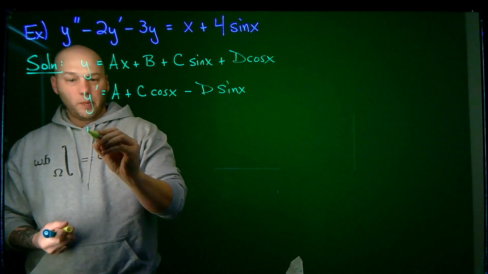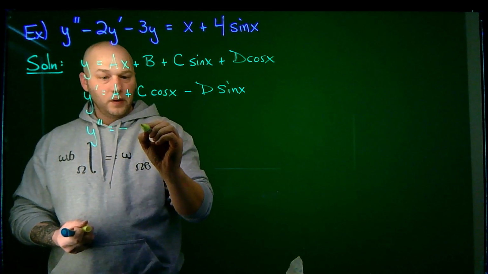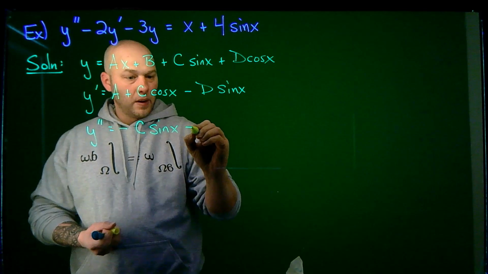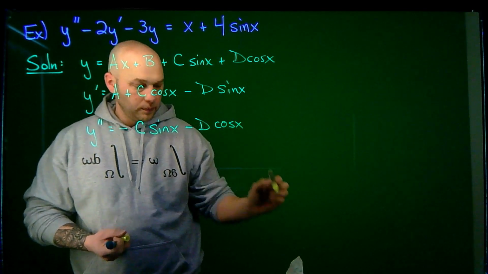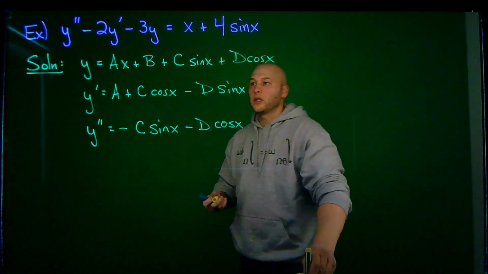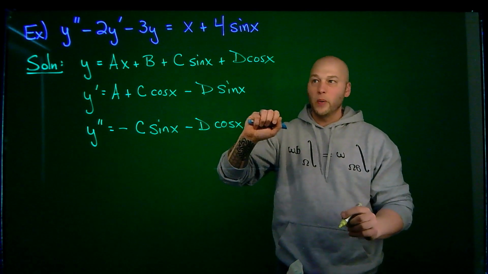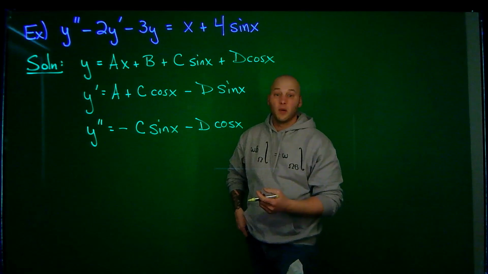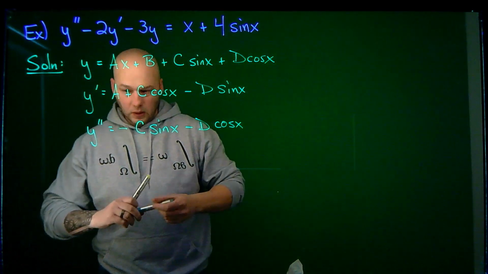And then y double prime would be negative c sine of x, and then minus d cosine of x. Okay. So then what I'll do is I'll take these three terms here, plug it into the left side of the differential equation, set it equal to the right-hand side, and then we're going to have to match up the coefficients.